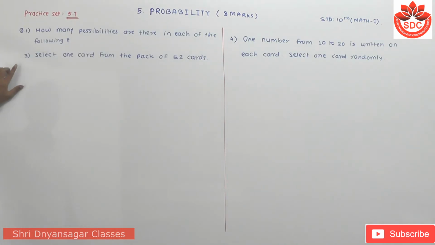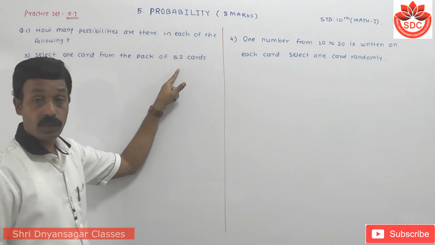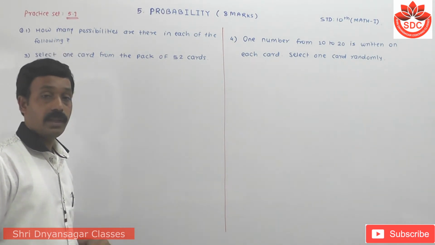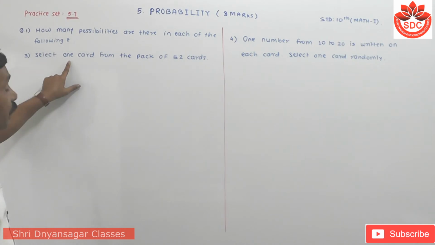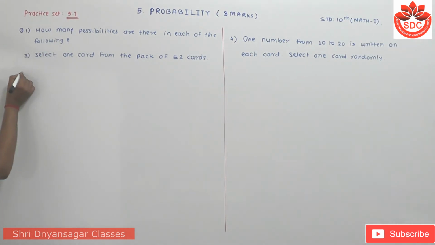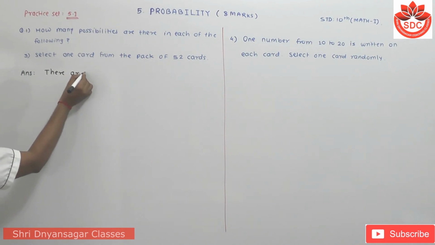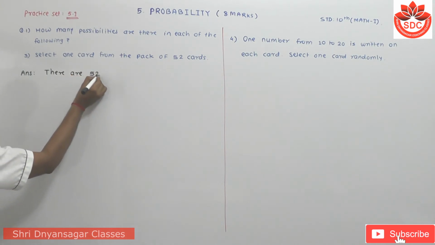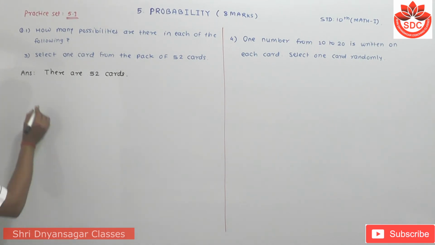Now the next question, third: select one card from the pack of 52 cards. Students, the total number of cards is 52. The possibility of selecting one card is 52. So the answer is: there are 52 cards.